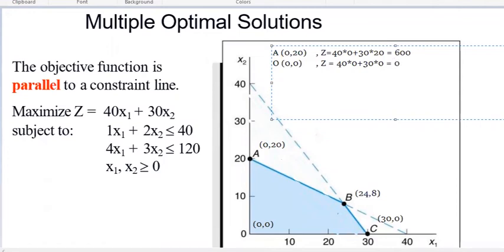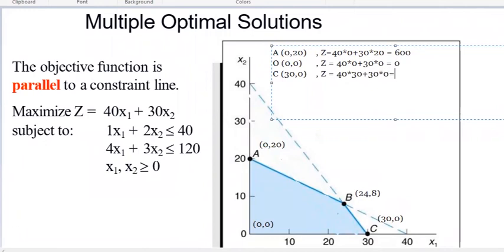Next is corner point C. For corner point C, it is (30, 0). For (30, 0), we have z equal to 40 into 30 plus 30 into 0.